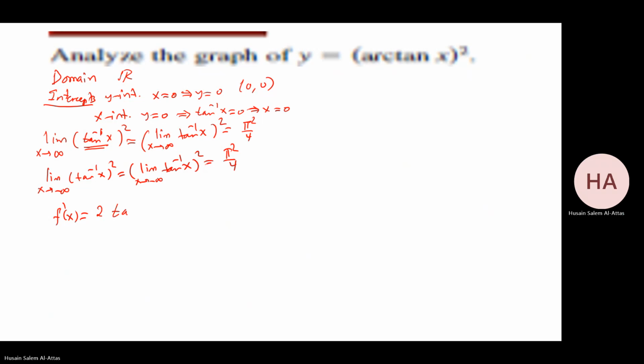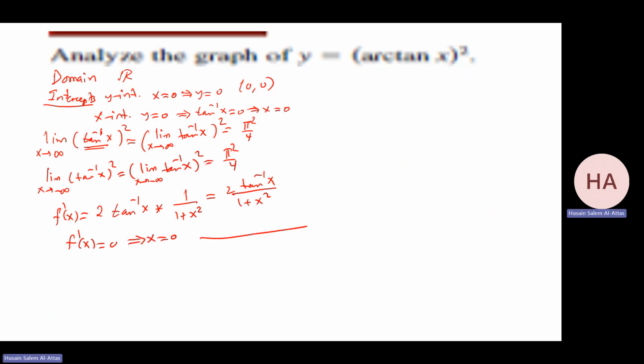Now let me find f prime. It's 2 tan inverse of x times 1 over 1 plus x squared, so it's 2 tan inverse x over 1 plus x squared. When f prime is 0, x equals 0. That's the only point. Before that it's negative, then it's positive, so it's decreasing, then increasing. Now let me see how f double prime will be.